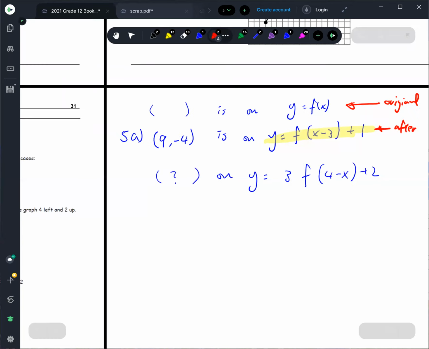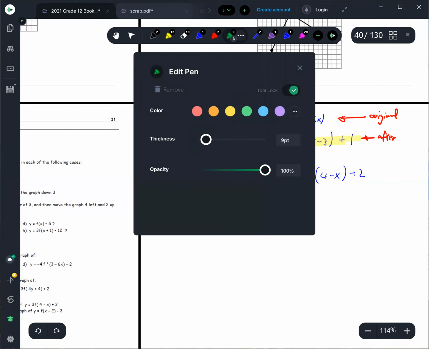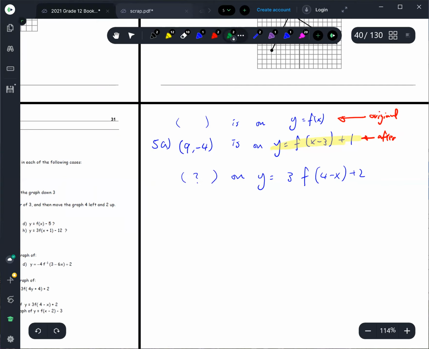Okay, so once you figure out where the original is, then you can start from that point to get to the point that we want. Right, you see the green one.